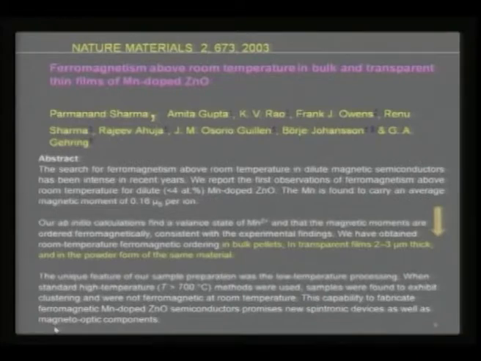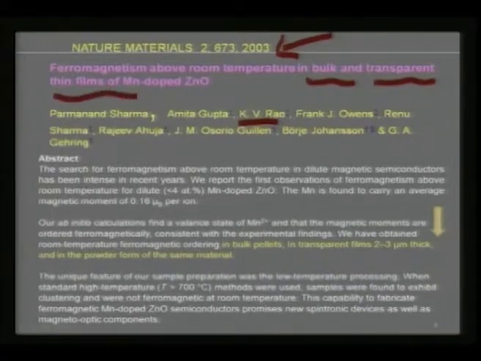Now, in Nature Materials 2003, as you know, Professor Rao's group published this article saying ferromagnetism is above room temperature both in bulk and transparent films, which brought a curiosity among the scientific community, because sometimes you can see ferromagnetism in bulk, but it need not actually transpose in the thin film form, or sometimes it may be there in thin film, it need not be in bulk.